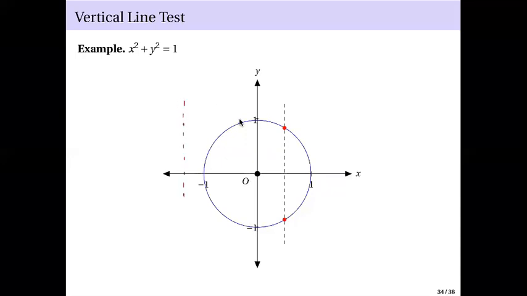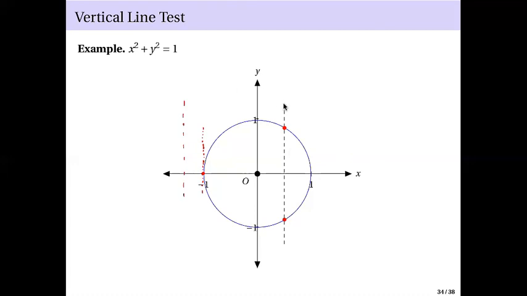This vertical line does not intersect the circle, but it does not prove anything. If you get the vertical line, x equals negative 1, it will intersect the circle at this point only. But it's not enough to prove that this is a function because you need to consider all vertical lines.